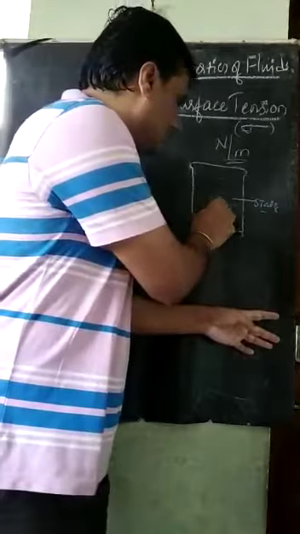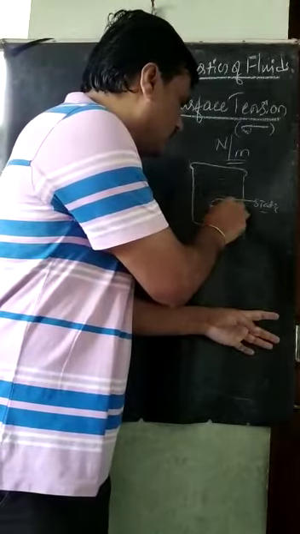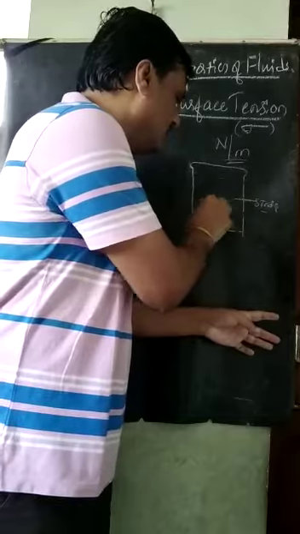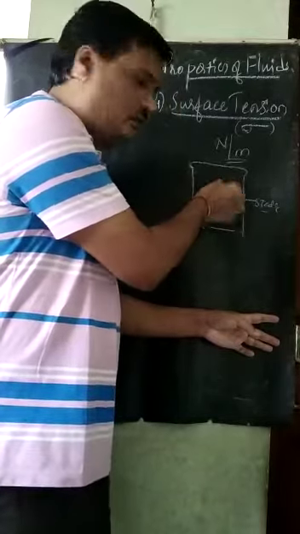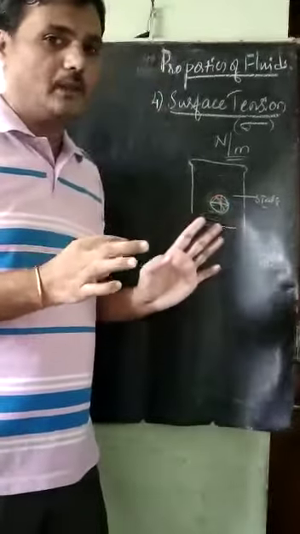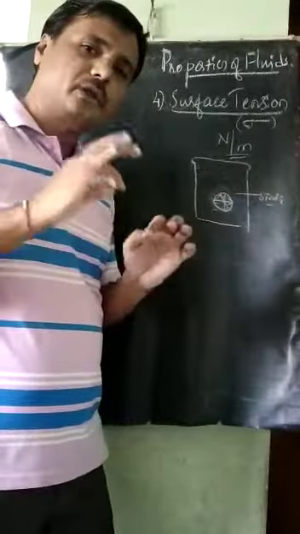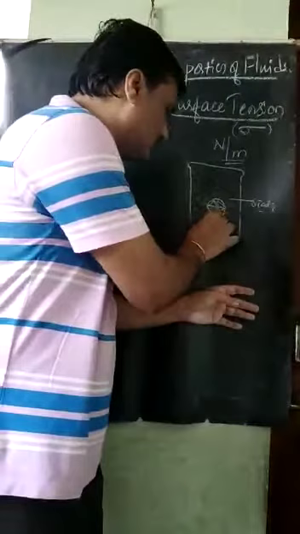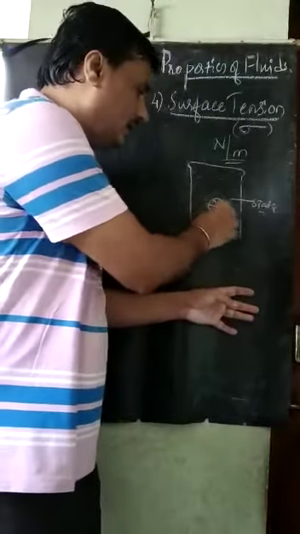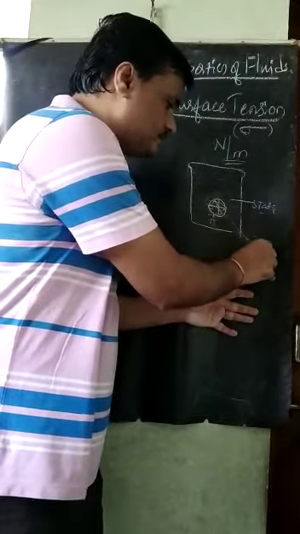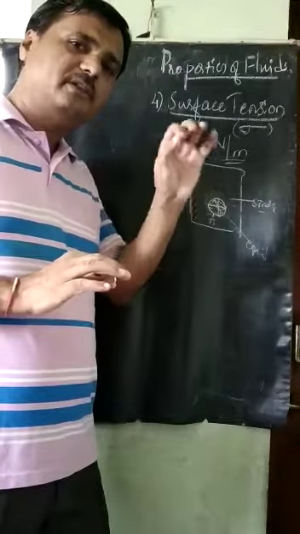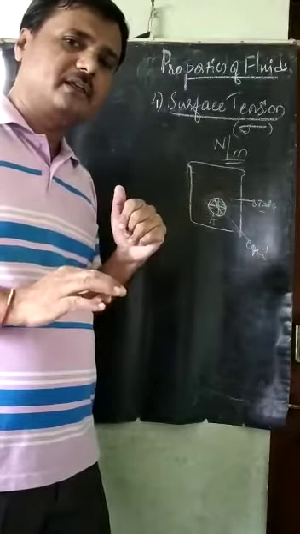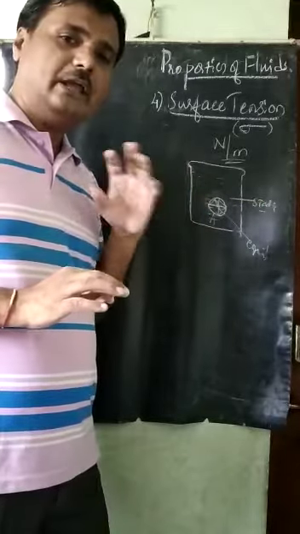If I take the forces on this molecule, the upward forces and downward forces are equal. If the upward and downward forces are equal, the molecule is under equilibrium and will stay there, because the fluid is static.